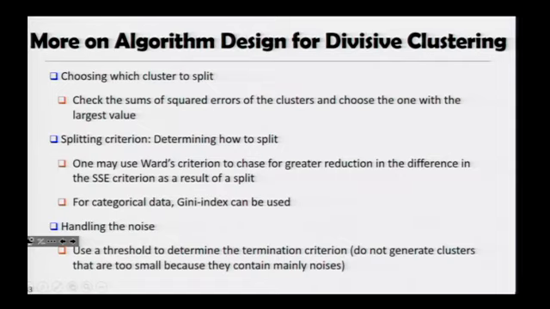There's also another aspect of extending or refining the divisive clustering paradigm, which is to think about how to handle the noise in the data sets. For example, deciding a threshold to determine when to stop the algorithm is one critical thing to eliminate the noise.